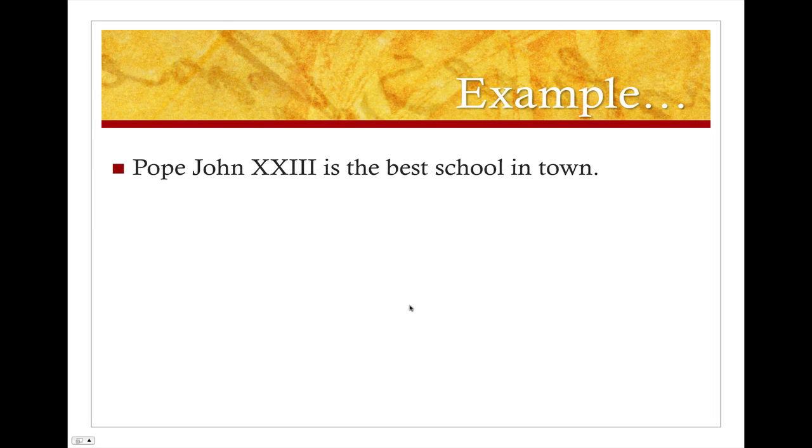Here's another example. A simple sentence: Pope John the 23rd is the best school in town. Let's say we want to add a little bit more information about Pope John the 23rd. Which is located in Katy. Okay, very much like the last example. Is the verb. Which is the subject of the clause.